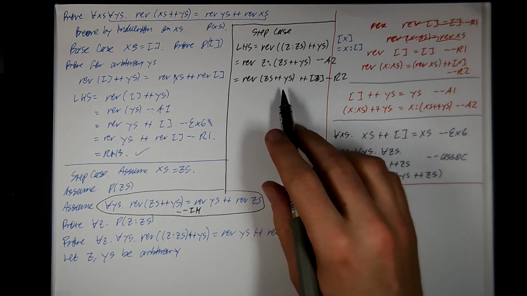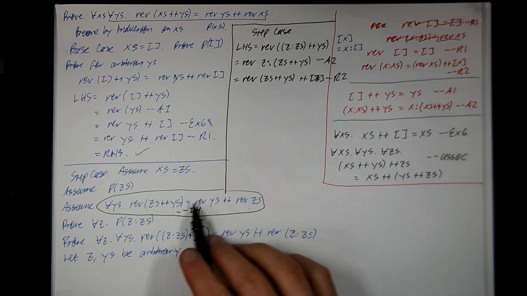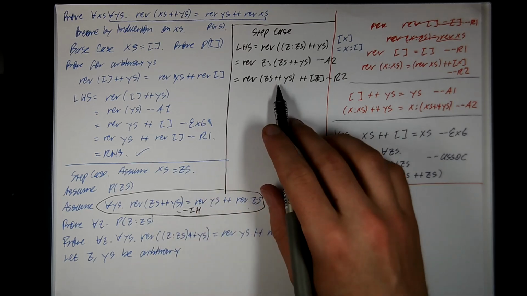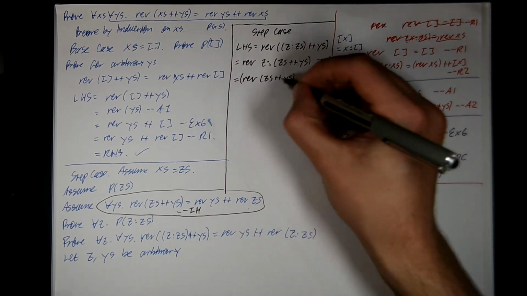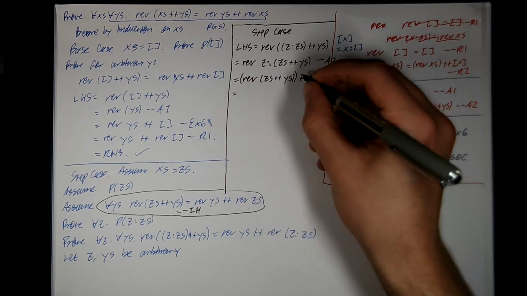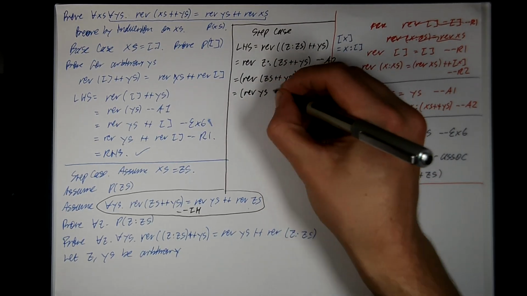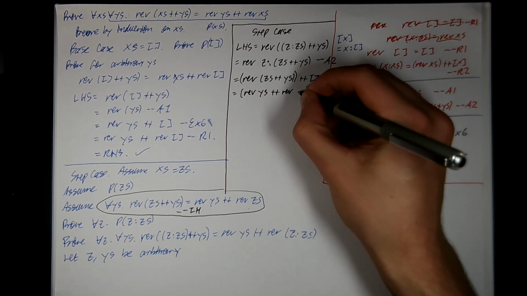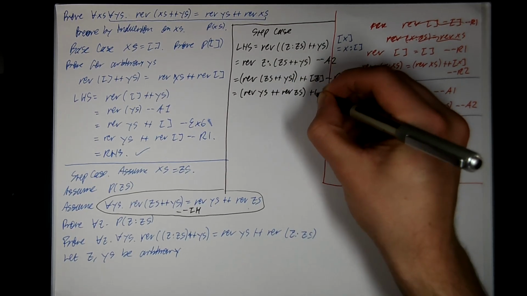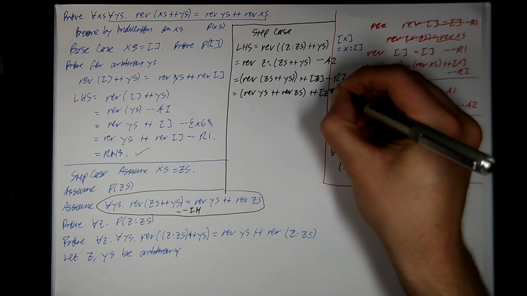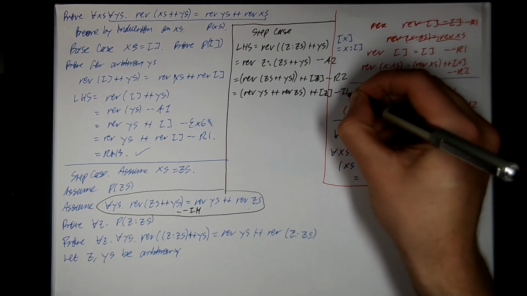At this point, this term now looks like our inductive hypothesis, so we can replace it, being careful that this term is evaluated first. So we can replace this whole thing with rev ys concat rev zs, concat the list containing z. That's using the inductive hypothesis.